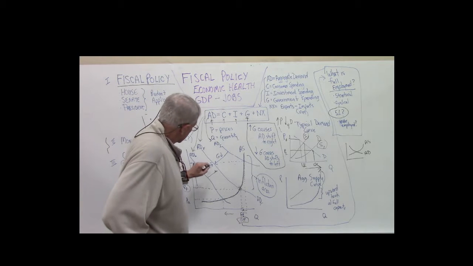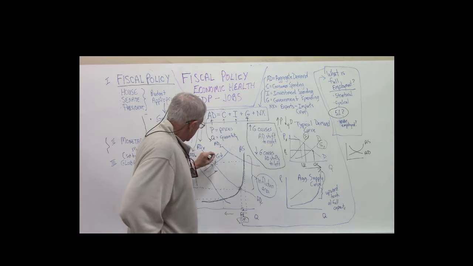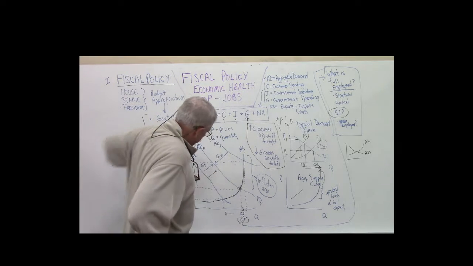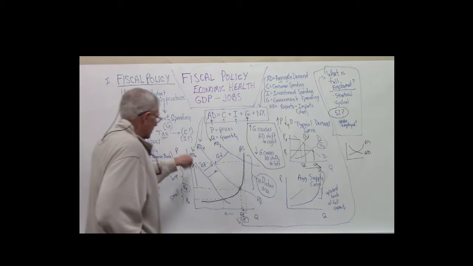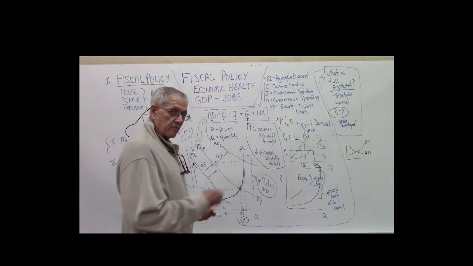And I hope, like I said, you can be anywhere on the scale with the aggregate demand curve, but this is what happens when you have a shift to the left, regardless of where you are, if government spending goes down, and a shift out if you have more government spending.